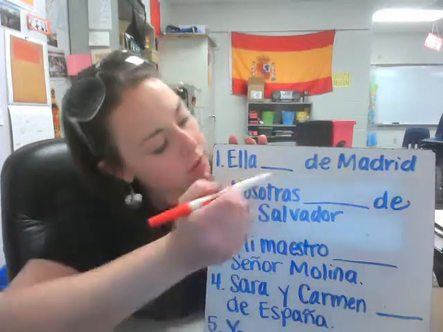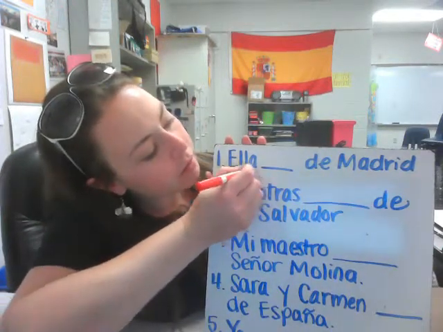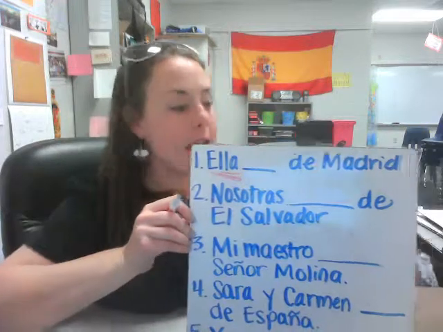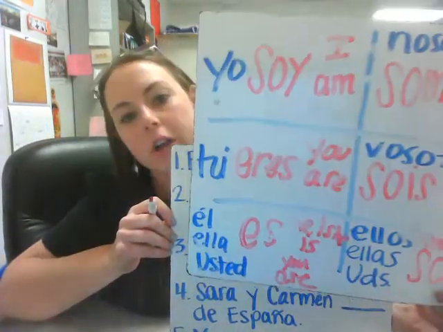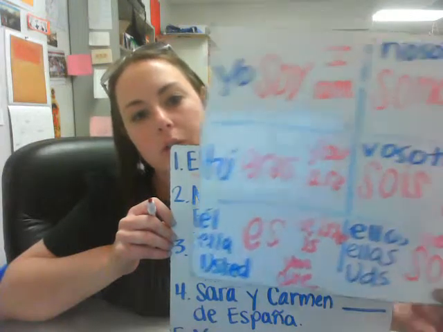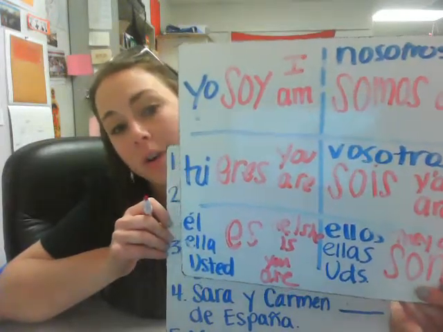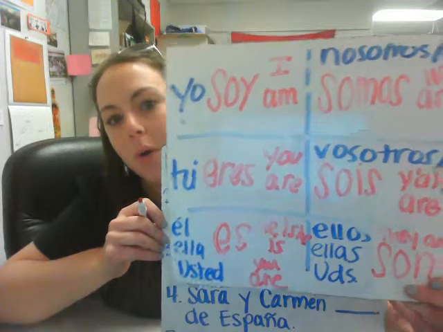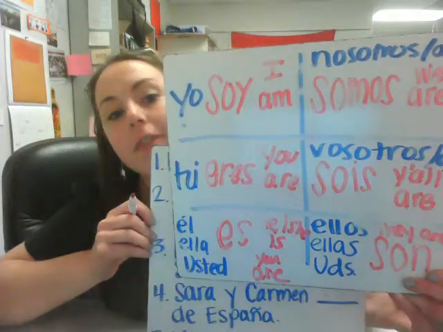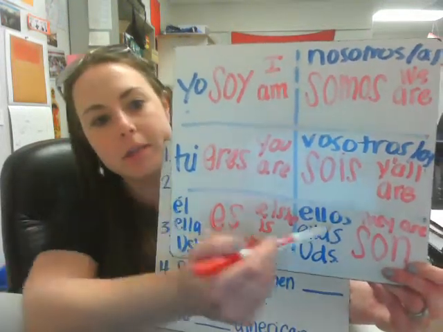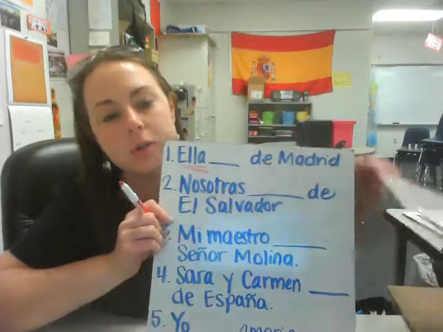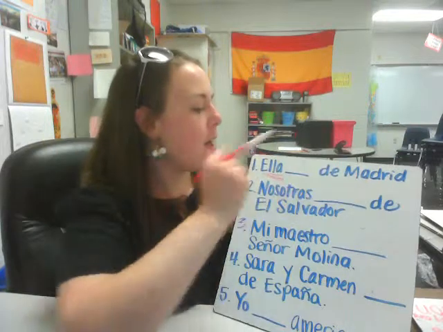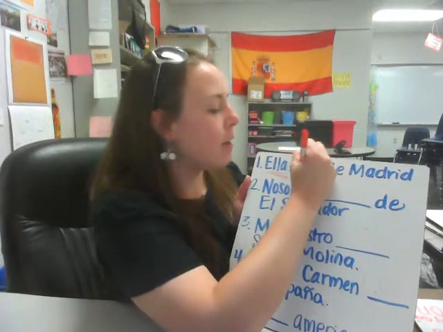Now, I want to look to my pronoun here, ella, to decide from my chart which form of ser should I use? So you should have your chart in front of you. I want to find, or at least hopefully you already know, where ella is on the chart, and then they have to match. They have to come from the same section. So ella is over here, so I'm going to use es to say ella es de Madrid.